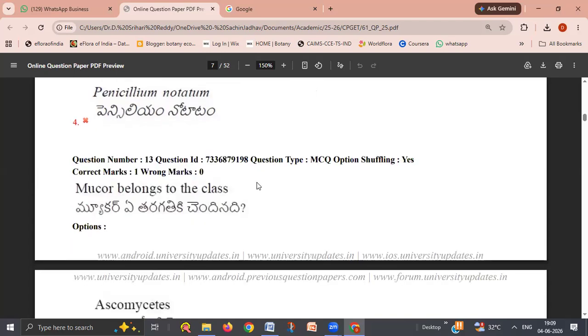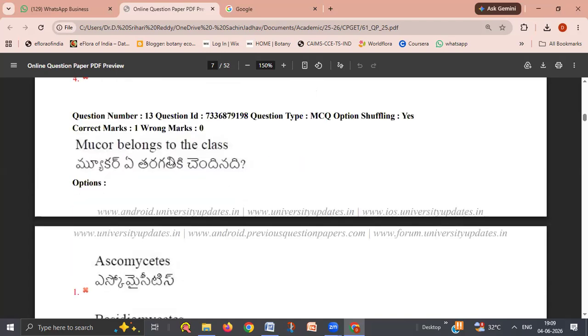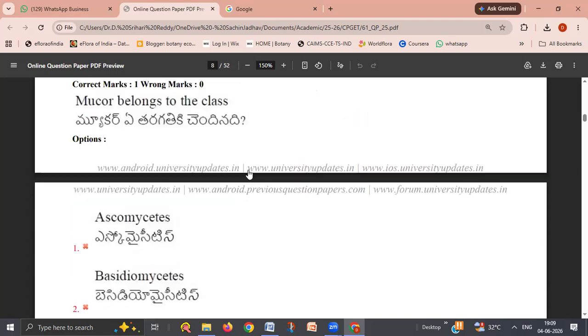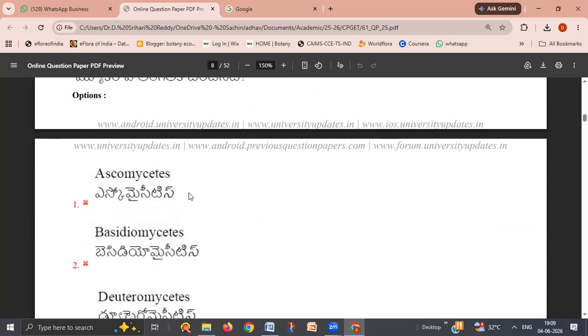Okay, so next, Mucor belongs to the class. Yesterday we discussed the algae, Cyanophyceae members. Today all these questions are focused on the fungi. Among the fungi there are several groups like Ascomycotina.